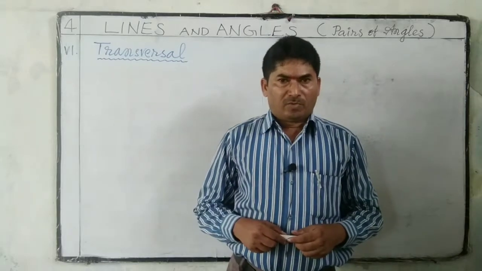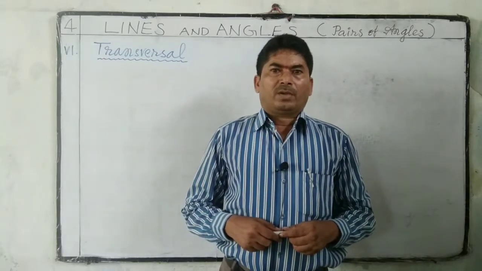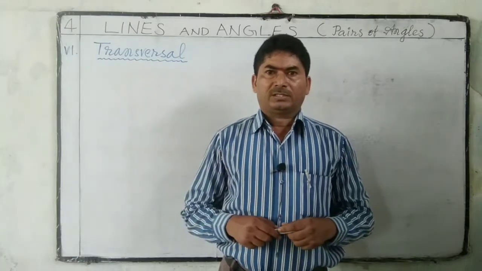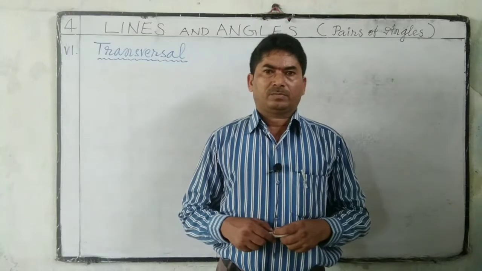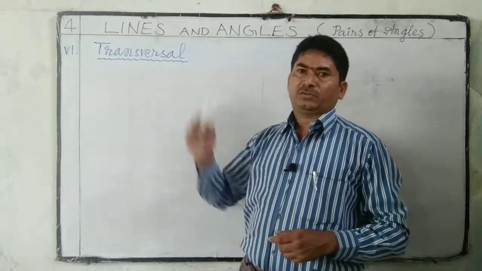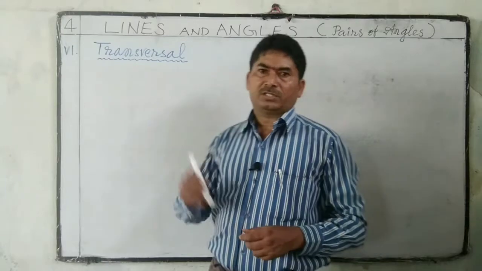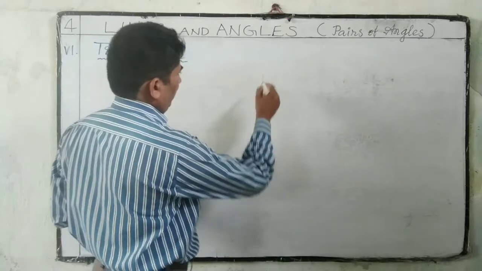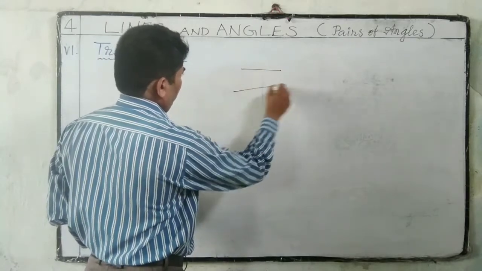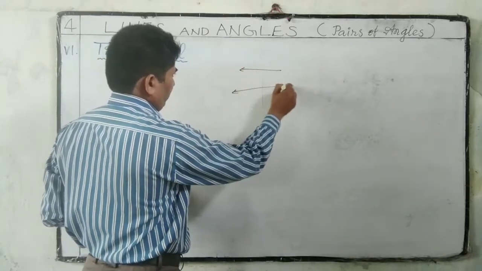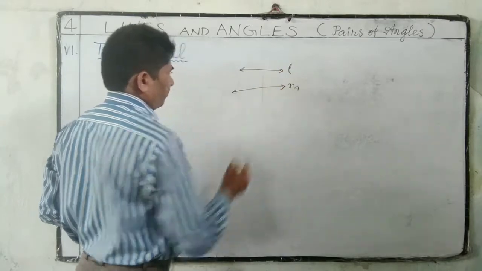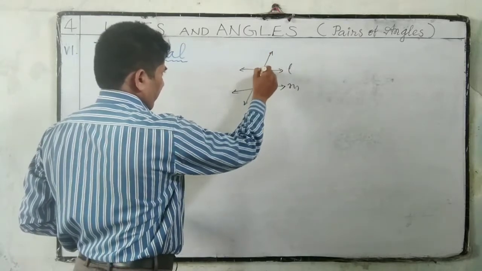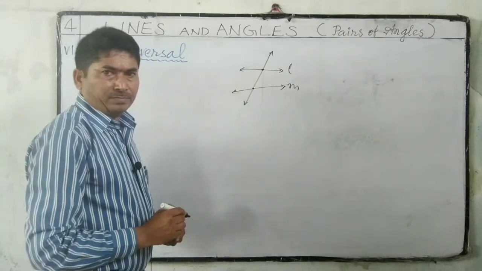Transversal. What is a transversal? A line which intersects two or more lines at distinct points is called a transversal. To understand this, let us observe a few figures. These are two lines, LM. This is a line intersecting in distinct points.